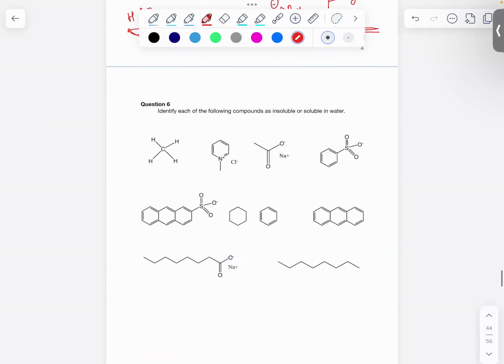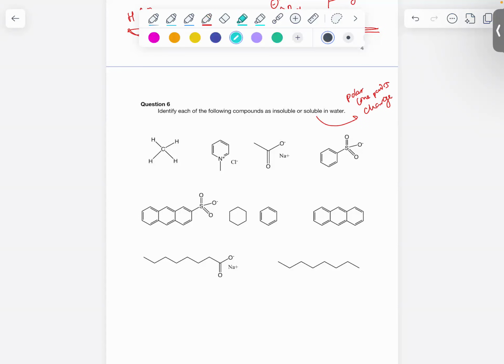So this next question was looking at if the following compounds are soluble or insoluble in water, and a soluble molecule is a polar one. That's ones that have lone pairs and charge.